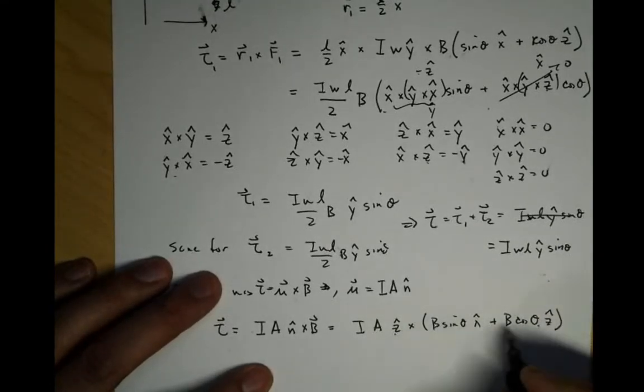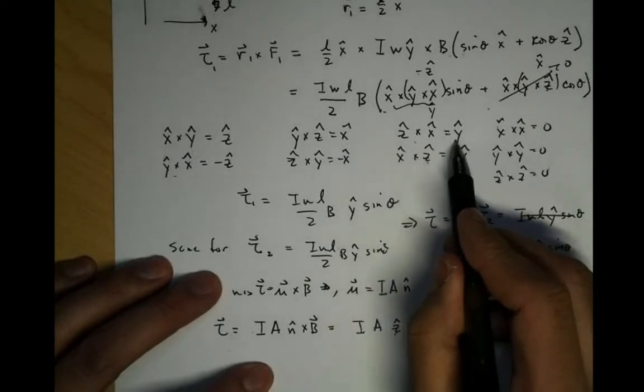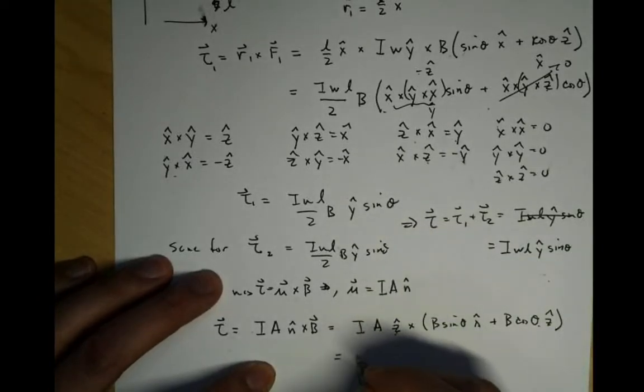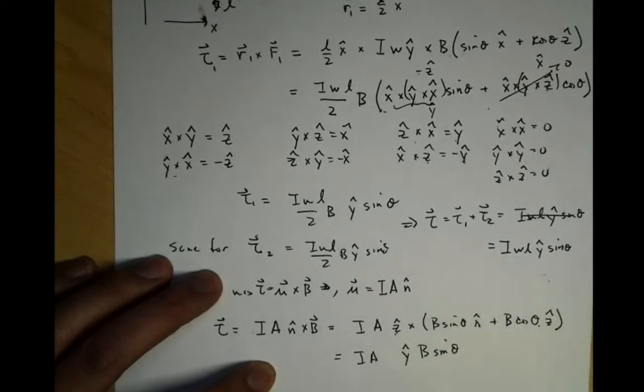ẑ cross ẑ, that's 0. And ẑ cross x̂ is ŷ. So we get I A ŷ B sine theta, okay? And what's A?